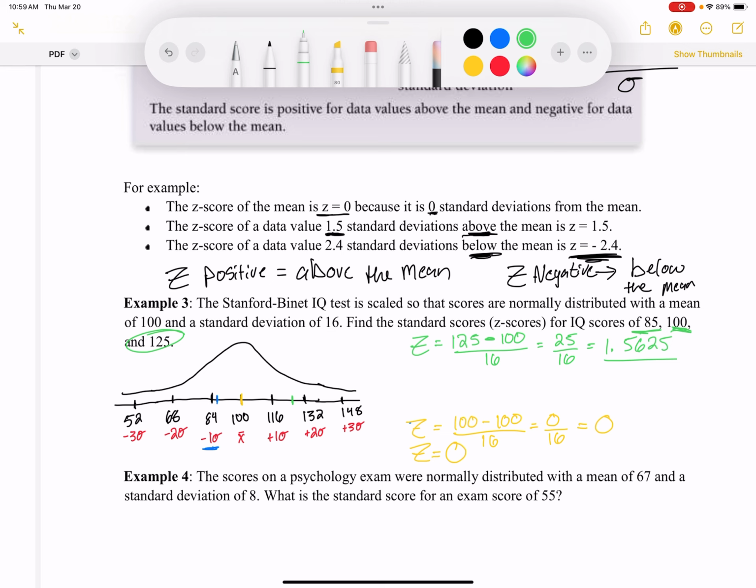So that would be my z-score. One, all right, is positive, so I know it's above the mean, and then it's telling me it's about 1.6 standard deviations above the mean. All right.